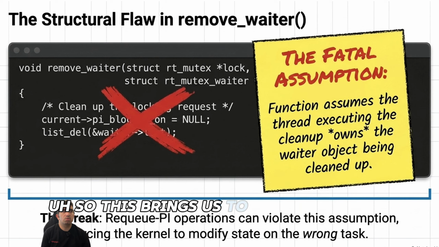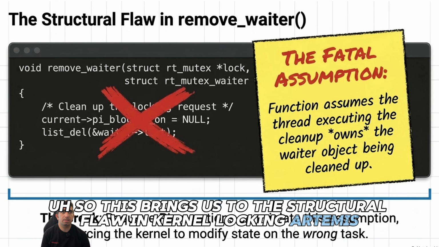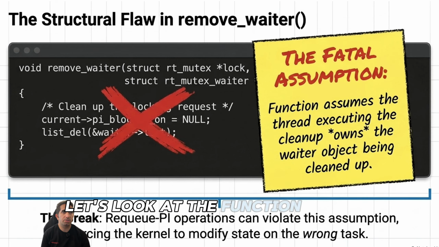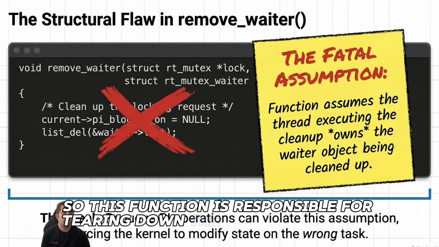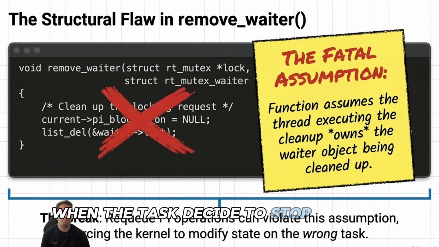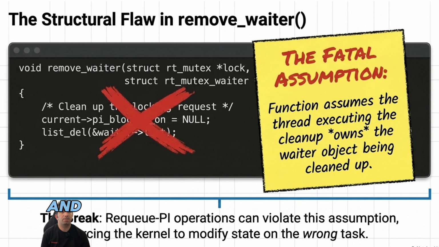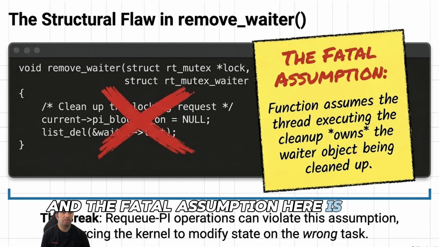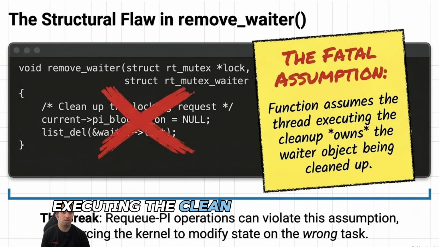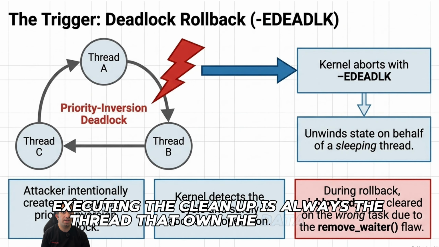So this brings us to the structural flaw in kernel locking RT mutex. Let's look at the function remove_waiter. This function is responsible for tearing down the blocking request when the task decides to stop waiting. And the fatal assumption here is that the thread executing the cleanup is always the thread that owns the waiter object.